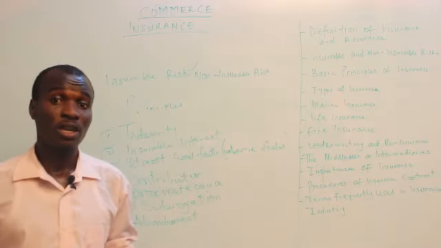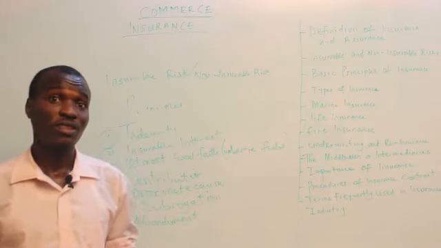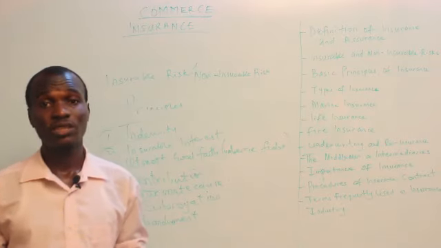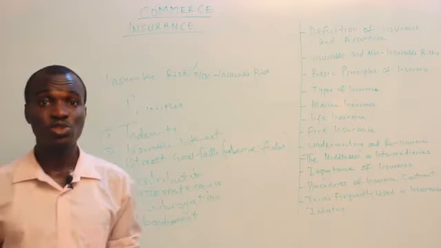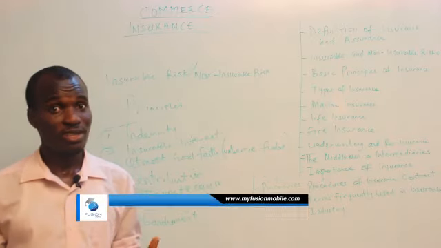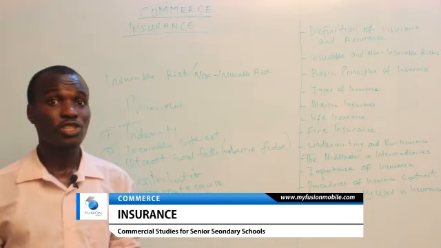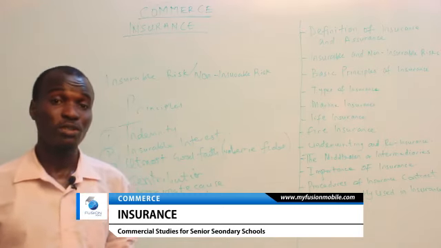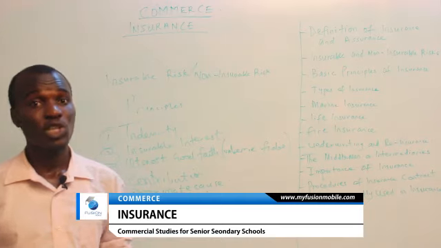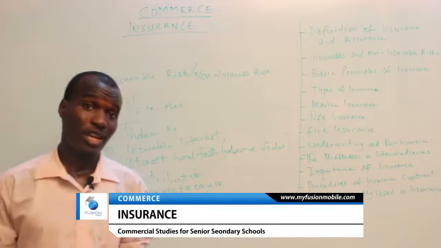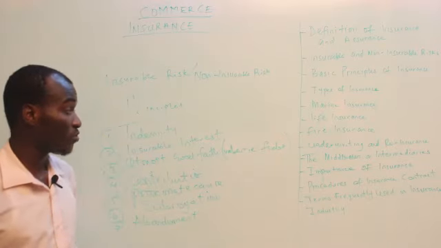The relevant information, which is very important to the contract, was not disclosed to the insurance company, because cancer can bring about death easily. So what happens? The insurance company will refuse to compensate such a person because the relevant information was not disclosed. That is what utmost good faith is saying.